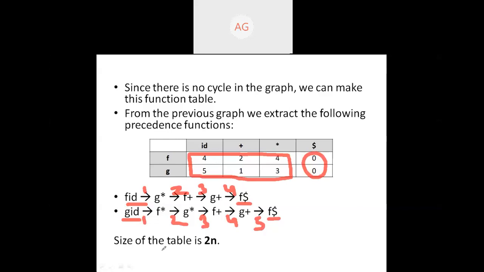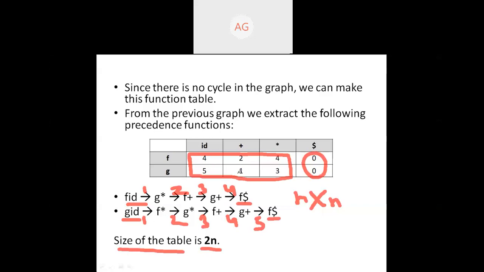So what is the advantage of making the function table? Basically the size of the table is 2n. Previously we had the size as n cross n, whatever the number of terminals. We have 4 terminals, so the size of the table is 16.